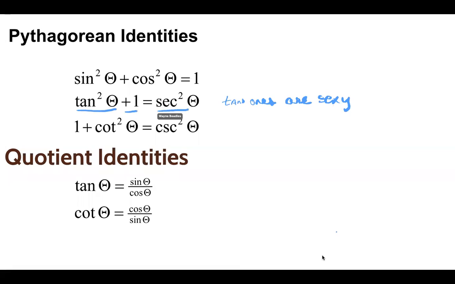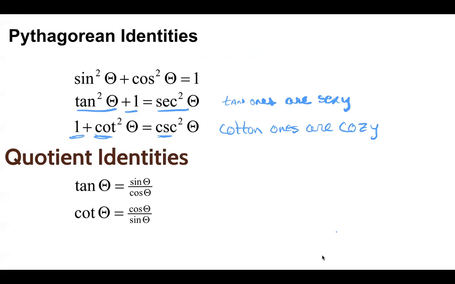And the other one is: cotton ones are cozy. So cotangent ones are cozy. And because of the commutative property, you can switch those around: cotangent squared x plus 1.